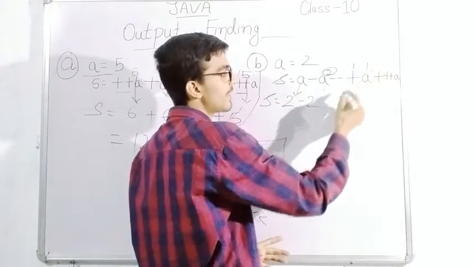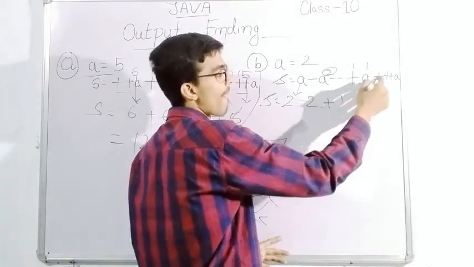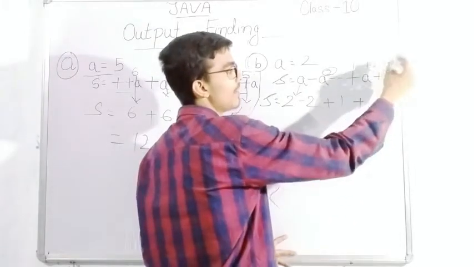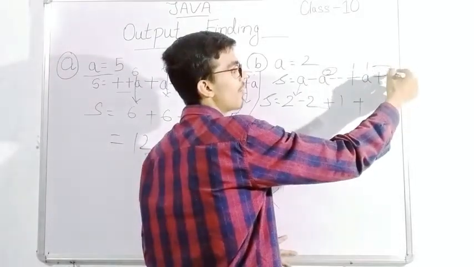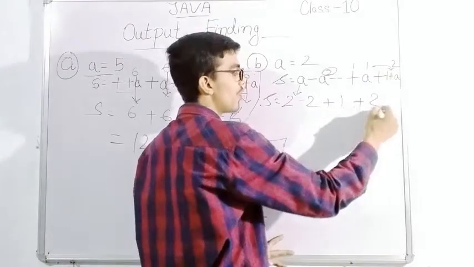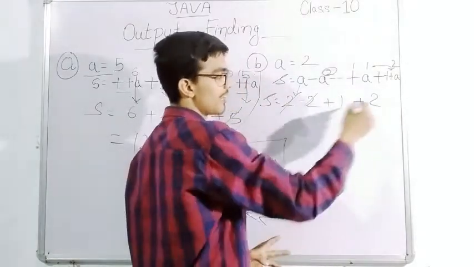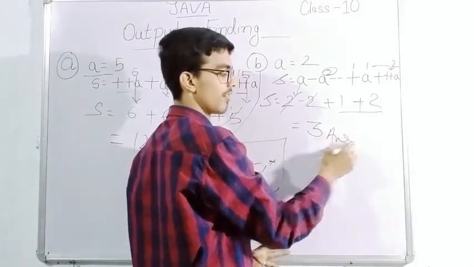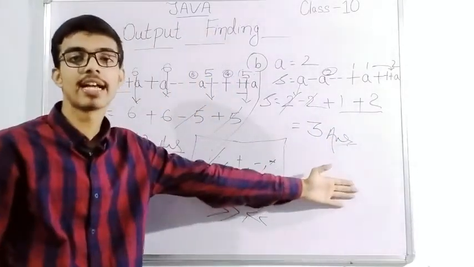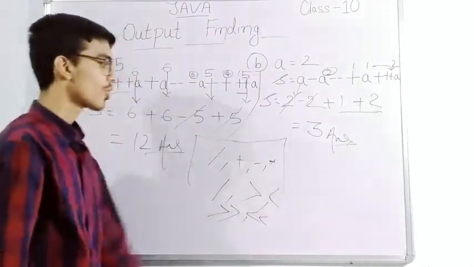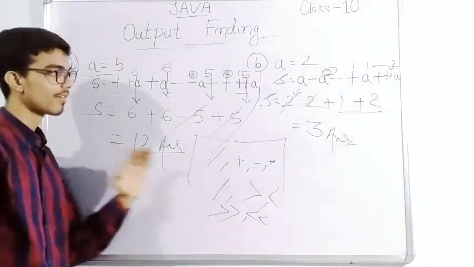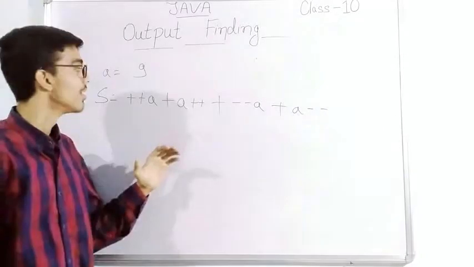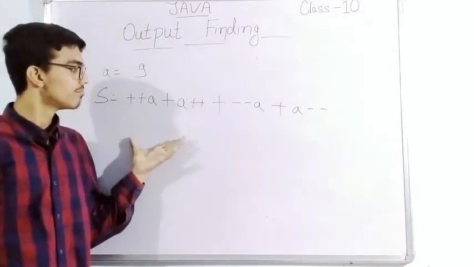Again we print plus A, meaning 1 plus 1, 2. 2 and 2 cancel. 2 plus 1, 3. Here we get our answer 3. So copy this. These two are very important. This is our next program. This is a very good program.